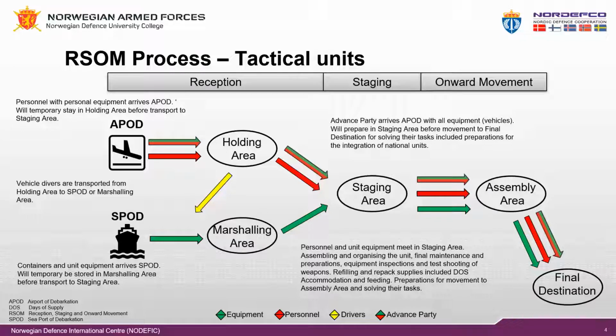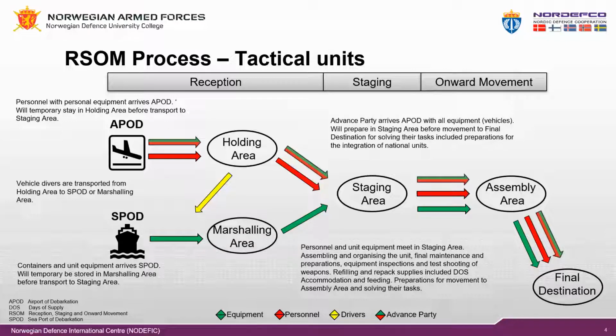In this example, material arrives by vessel in the seaports of debarkation and is transported to a marshalling area. The personnel arrives by plane in the airport of debarkation. Drivers are transported to the marshalling area to pick up their vehicles and drive to the staging area. Here units will be recreated.